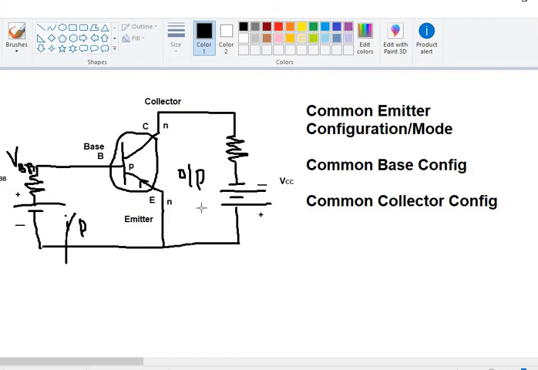Why? Because I told you that this input part must be connected in forward bias and this should be connected in reverse bias. And ultimately the output will be taken from the collector side, therefore a higher power supply is needed in this regard.